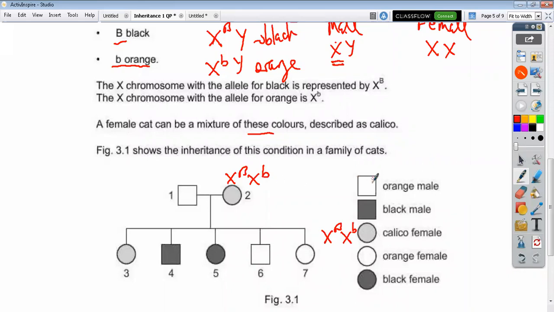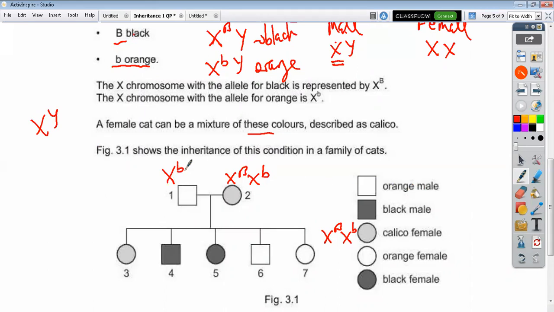Then this is an orange male. So who can give me the genotype of this here? Remember, a male is XY. So what's the allele on the X? Is it a small letter b or a capital letter B? Capital B is black, remember? And small letter b is orange. So what did they say? Orange.